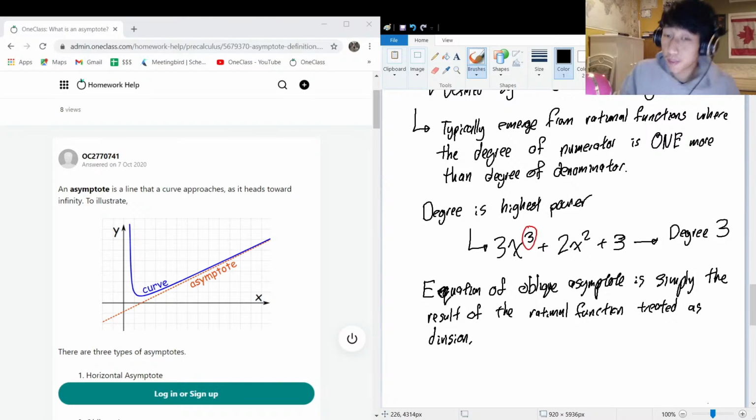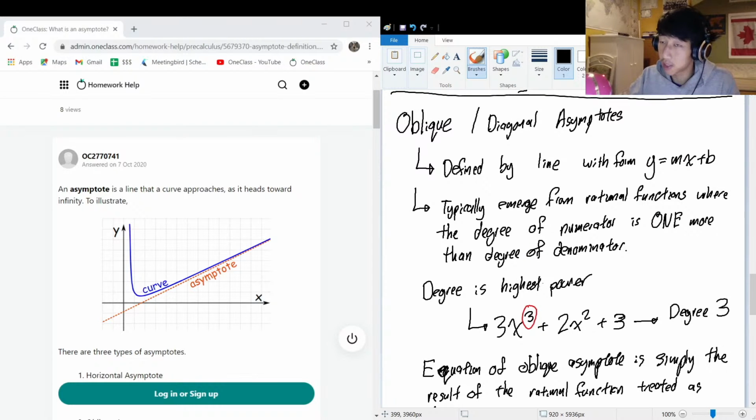That's why it's important that the degree of the numerator is only 1 bigger than the degree of the denominator. That's the only way you'll have a result that is a linear function of the form y equals mx plus b.